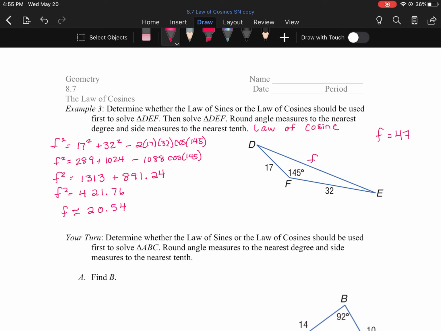All right, so 289 plus 1024, we get 1313, minus 1088 times the cosine of 145. I do get that negative, so that makes that a plus.